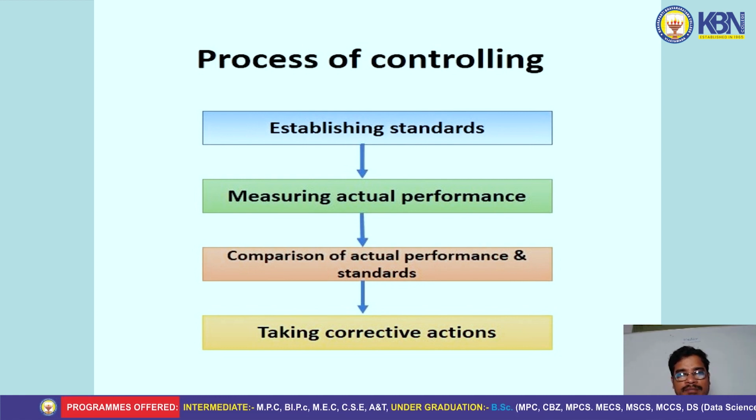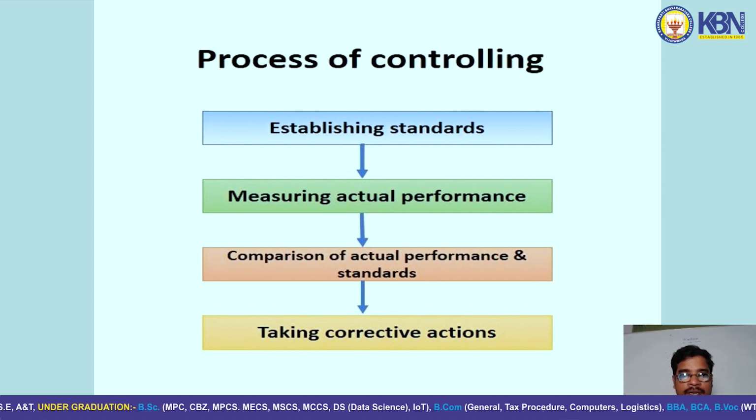For this purpose, managers have to implement a controlling function. When they are applying the controlling aspect, they have to establish the required standards, and even after establishing standards, they have to measure the actual performance.